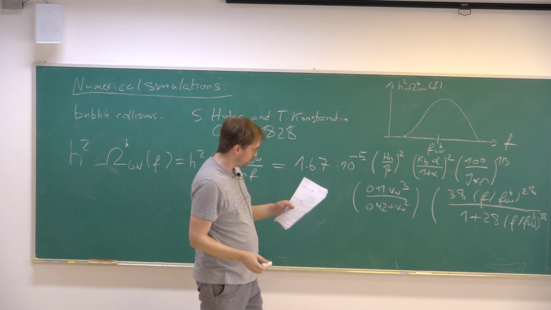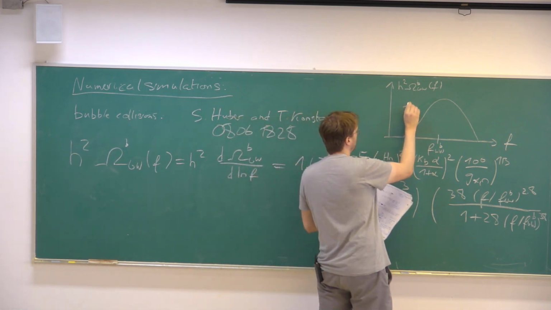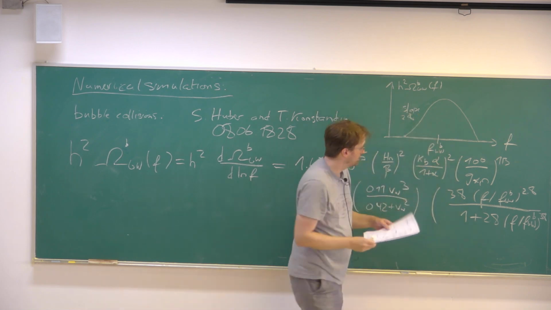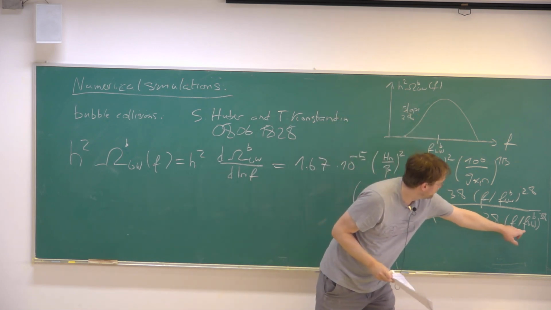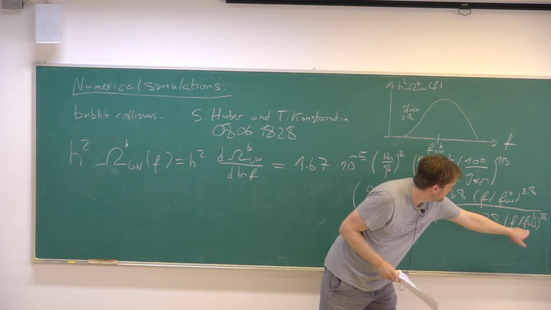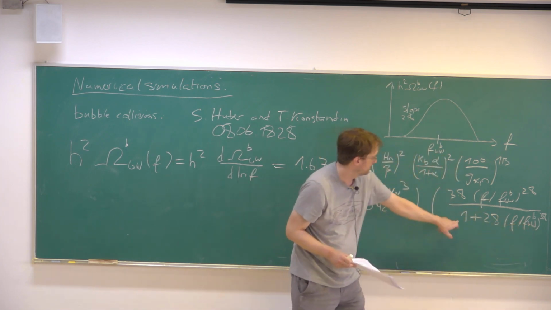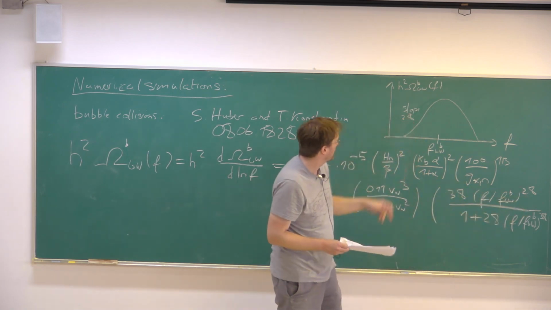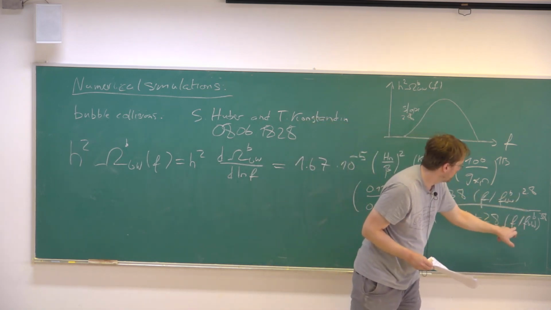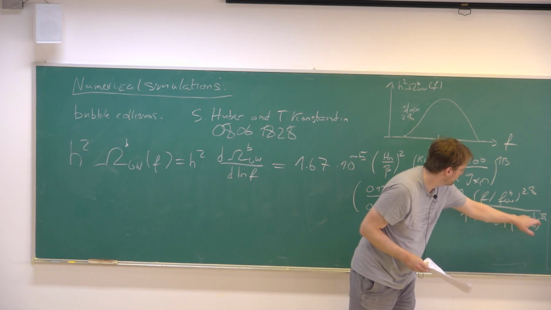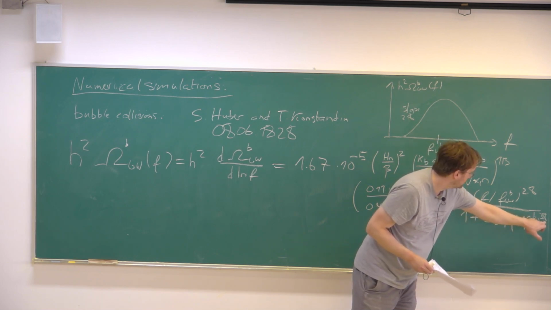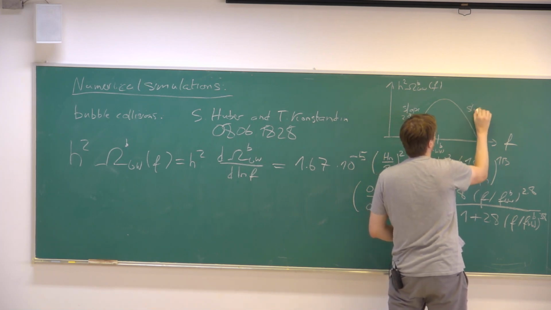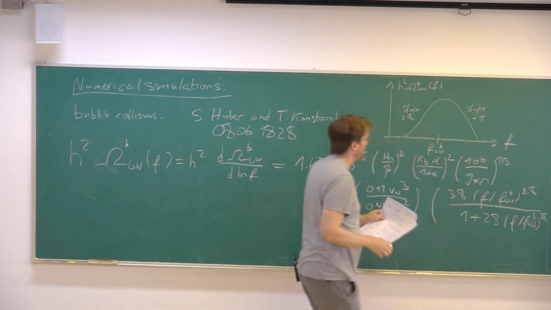You have a broken power law, where here the slope is 2.8. If f is much less than f peak, then the term in the numerator dominates, so it goes up like f to the 2.8. And then for very large f, the piece in the denominator dominates, and it goes down with slope -1 here.